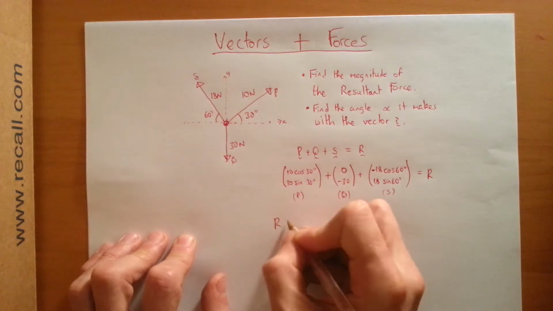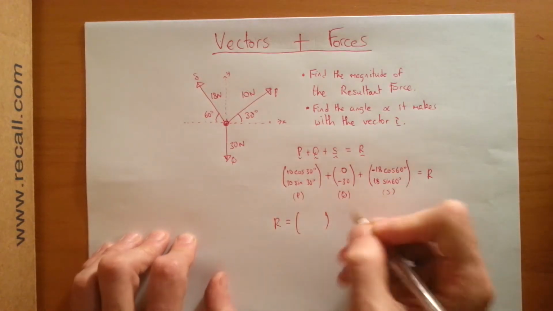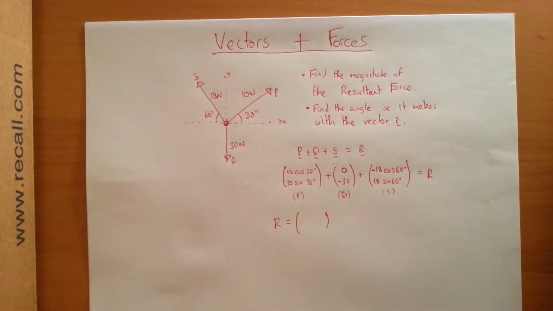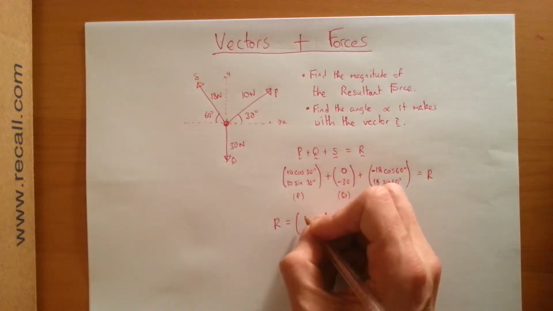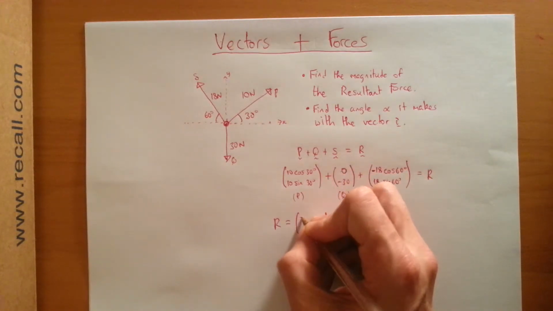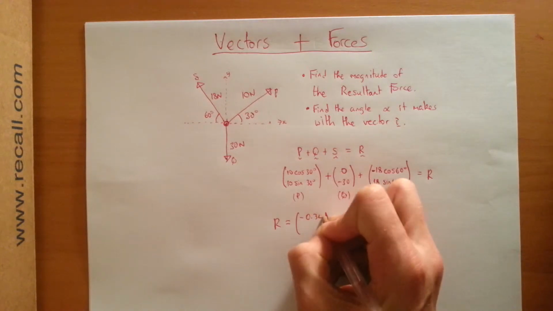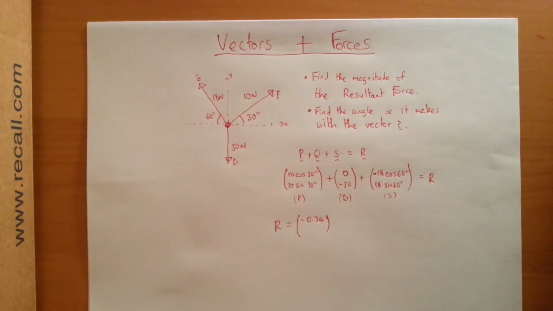So R simply equals, now I'm just going to stick all that into my calculator, and I'm just going to quickly get it from my bag. R is simply going to be 10 cos 30 minus 18 cos 60, and that's going to give you a final value of minus 0.33, well, minus 0.34 for X. Check you get the same number on your calculators.